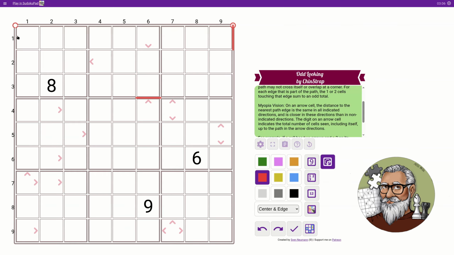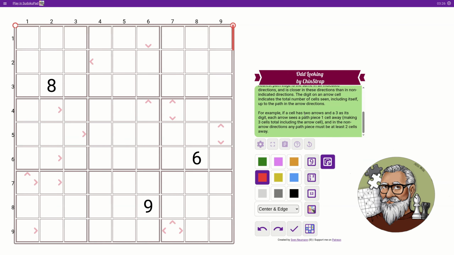Well, and any 3 places away, right? Okay. The digit on an arrow cell indicates the total number of cells seen, including itself, up to the path in the arrow direction. Just in the arrow direction.